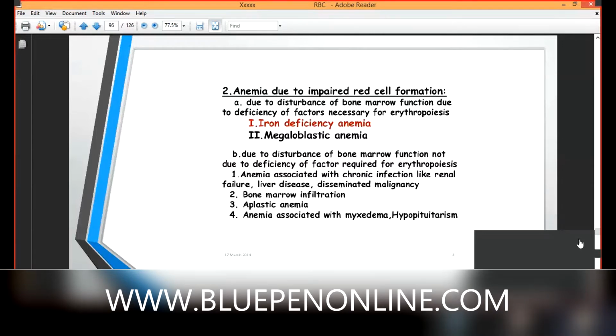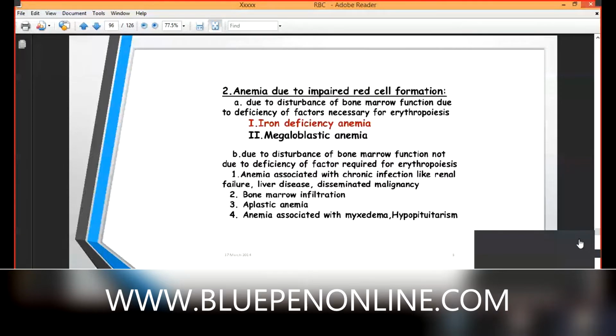Due to disturbance of the bone marrow, like kidney diseases: erythropoietin is a key factor for the production of RBC, so when there is no erythropoietin, there may be a lack of formation of RBC.